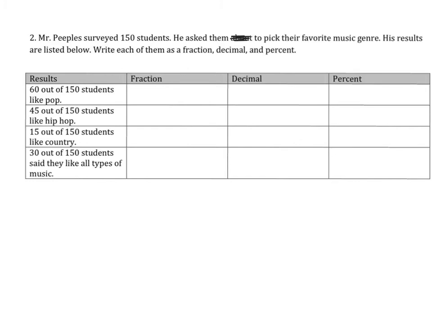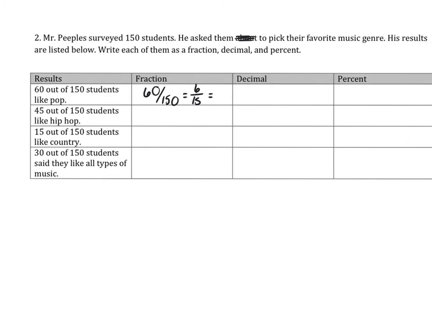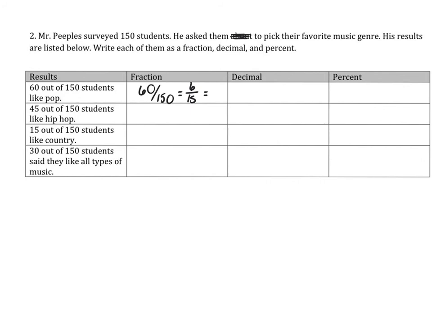So 60 out of 150 students picked pop. So as a fraction, that would be 60 out of 150. Or you can write 6 out of 15. And also, you can simplify that down by dividing both of them by 3 and getting 2/5. And so to get your decimal, you can say, okay, 2/5, 5 can go into 2 0 times, but 5 can go into 20 4 times.